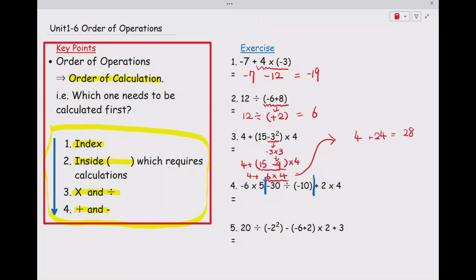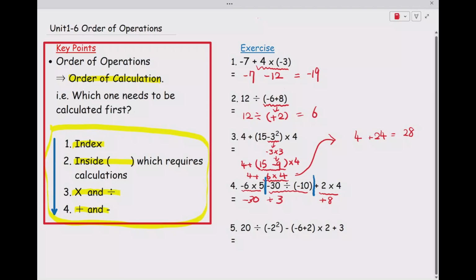The first part is minus 6 times 5, which equals minus 30. And the next part is minus 30 divided by bracket minus 10, which is plus 3. And the last part is plus 2 times 4, which equals plus 8.